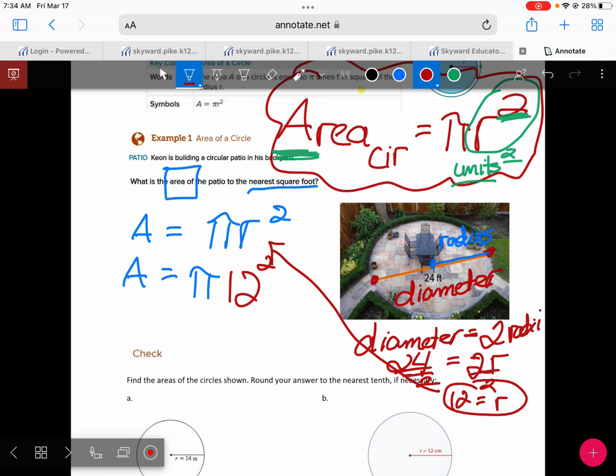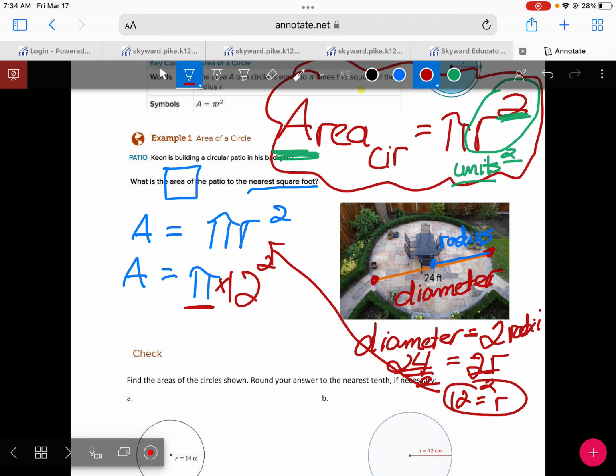On your calculators, take them out. I want you to push the pi button, times, and then push 12 squared.